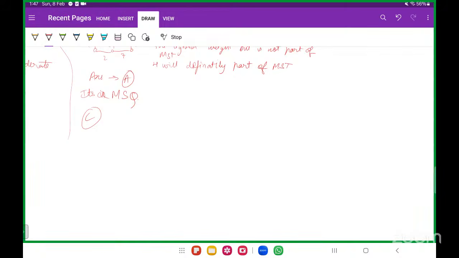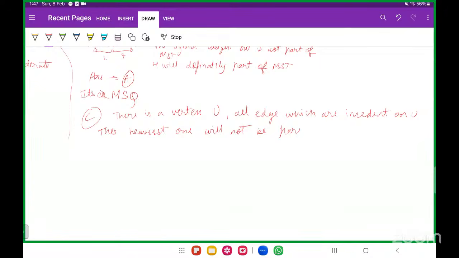There is a vertex U. Of all the edges which are incident on U, the heaviest one will not be part of the MST. Again, this statement is false.